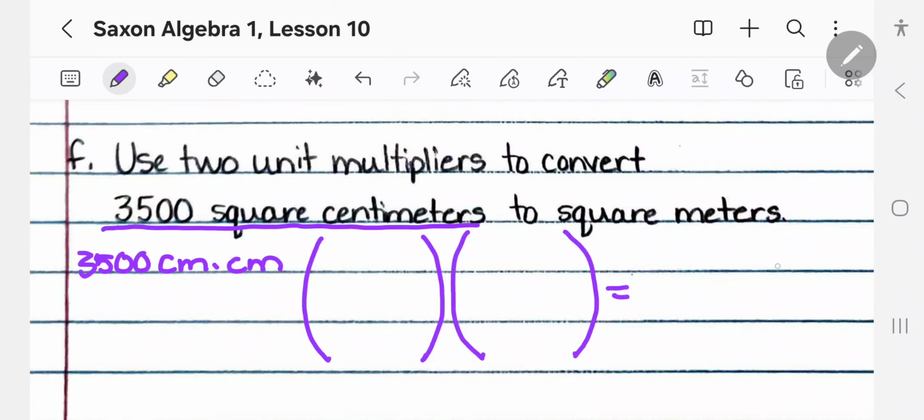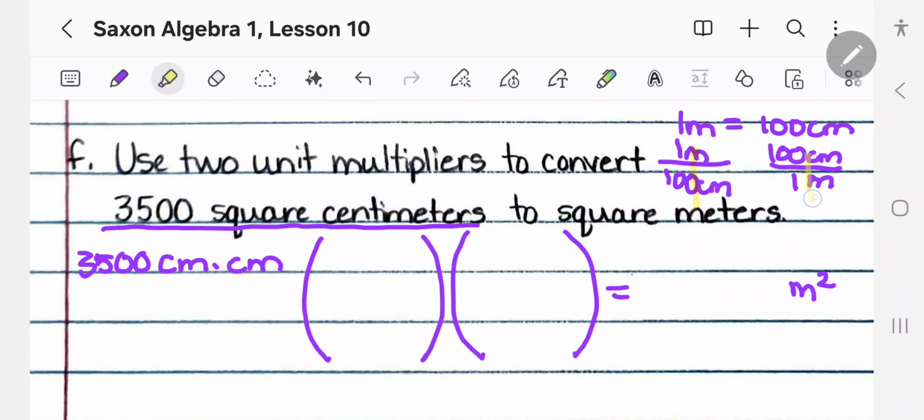That's going to equal a certain number of square meters. So my unit multipliers for centimeters and meters, what do we know about centimeters and meters? Well, we know that 1 meter equals 100 centimeters. So you could have 1 meter over 100 centimeters, or you could have 100 centimeters over 1 meter. Either would be fine. Both of those are equal to 1.